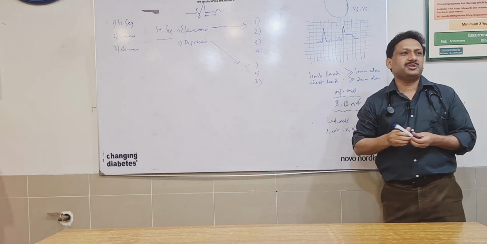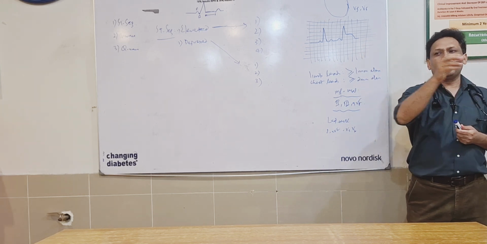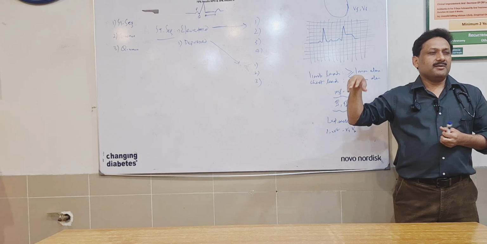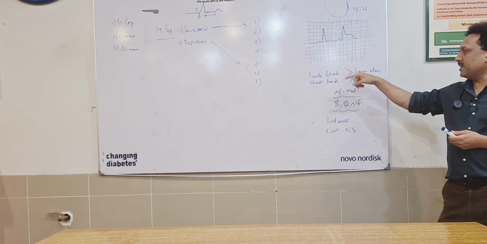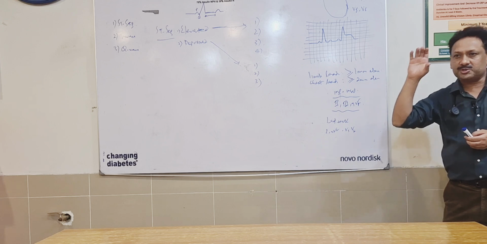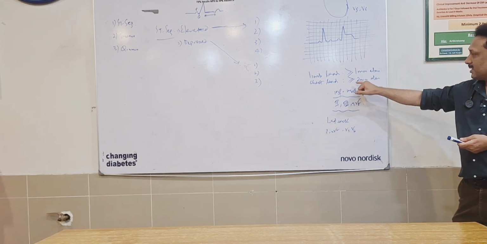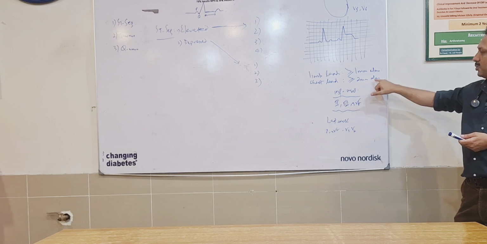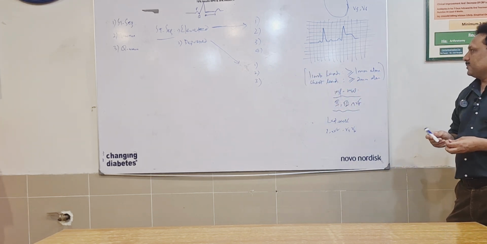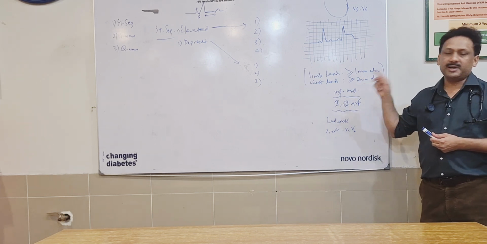When you talk about the chest leads, V1, V2, V3, V4, here that criteria is applied. For lateral wall leads, the criteria remains the same as that of the limb leads. But for chest leads, V1, V2, V3, V4, the criteria is greater than or equal to 2 mm elevation. So the two things: one, adjacent lead elevation, and then this criteria.